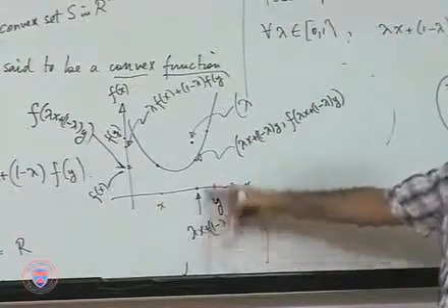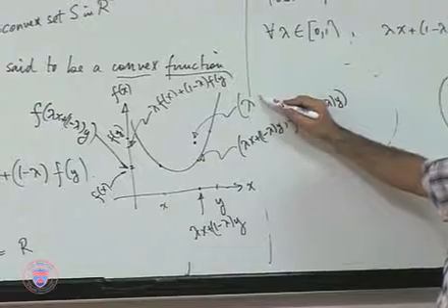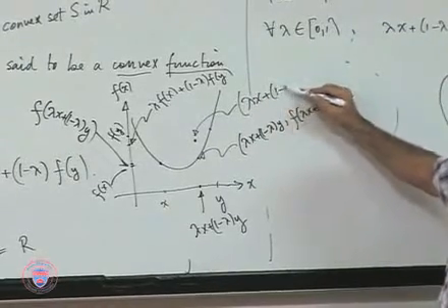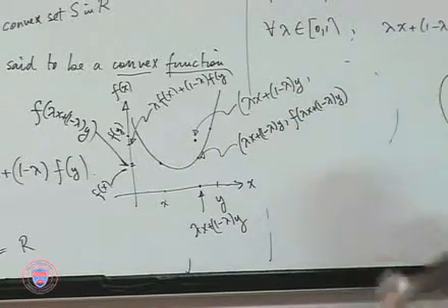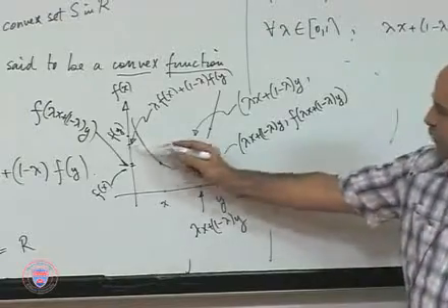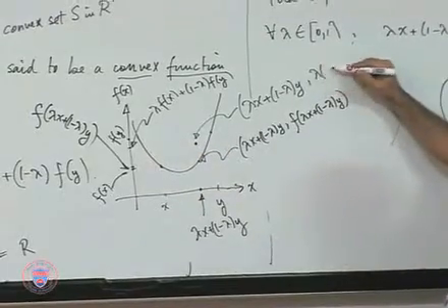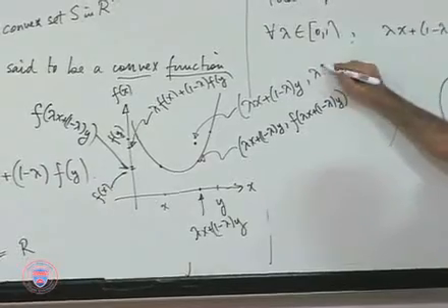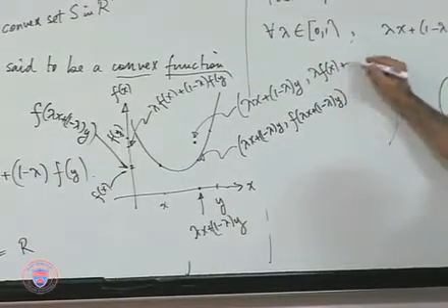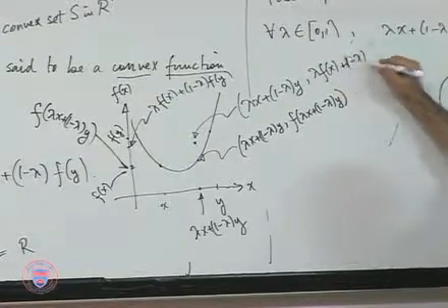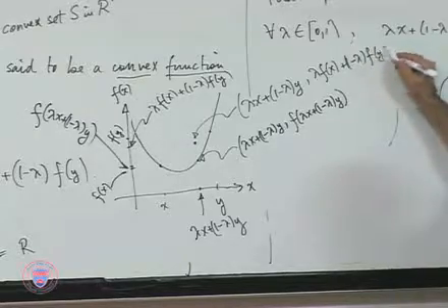You've got the same abscissa here, lambda x plus 1 minus lambda y. The second coordinate is lambda times f of x, plus 1 minus lambda times f of y.